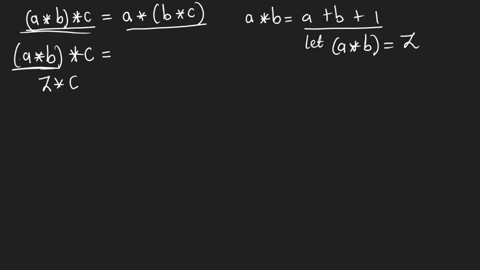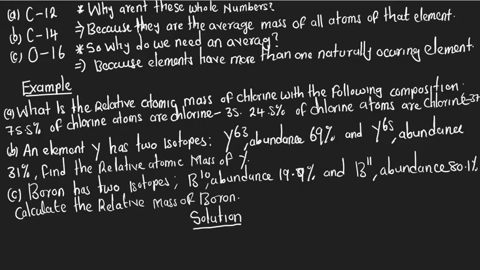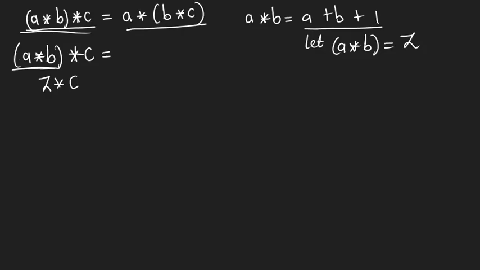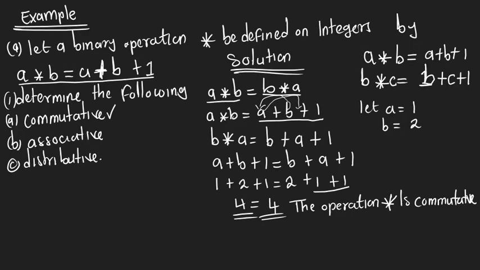Pay attention. Now, remember what I said. According to the operation, according to this computer we are dealing with, I'll be very slow, please. Every time you are going to perform an operation star, whatever you are going to have, add the one. That's what this means.